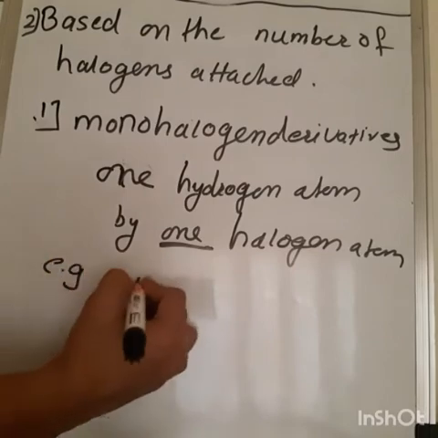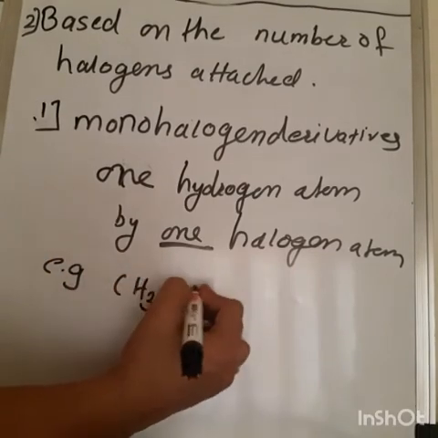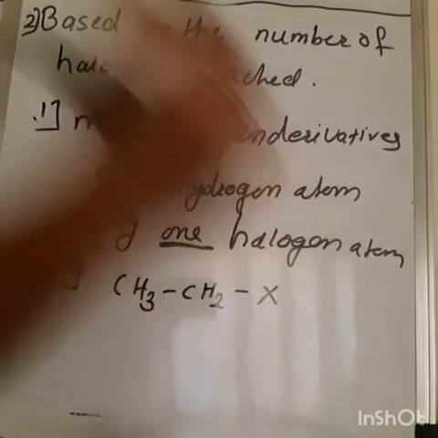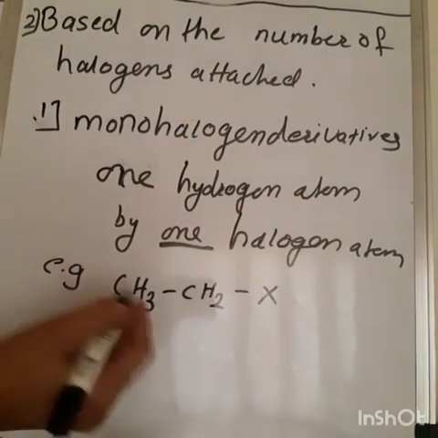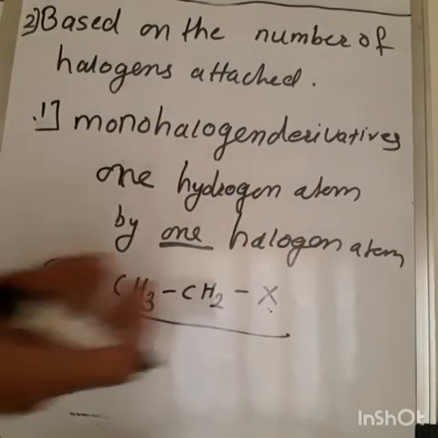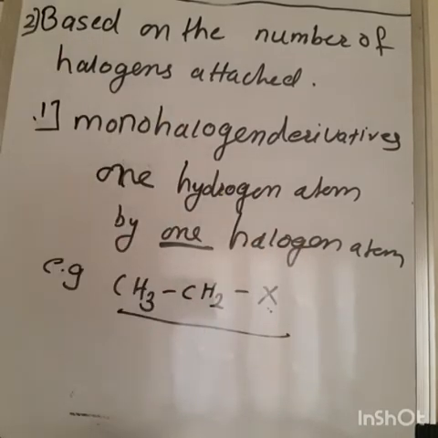Example, CH3 CH2 X. Only one halogen atom is attached here. So this is a monohalogen derivative.